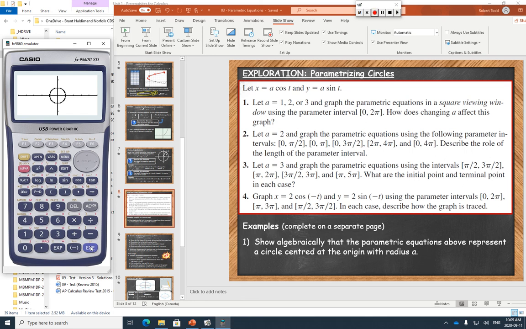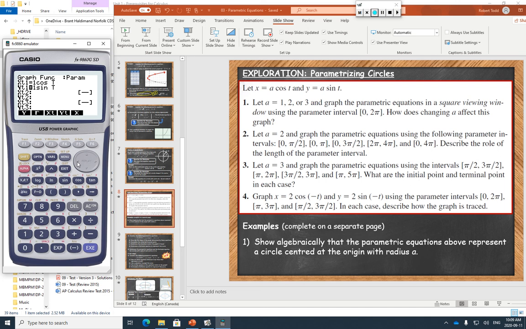What happens if we do it with a 2? Menu, graph, and oops. F6 is the magic button to go back and forth there, and I'm going to arrow over. Does yours allow you to arrow over? Mine doesn't.